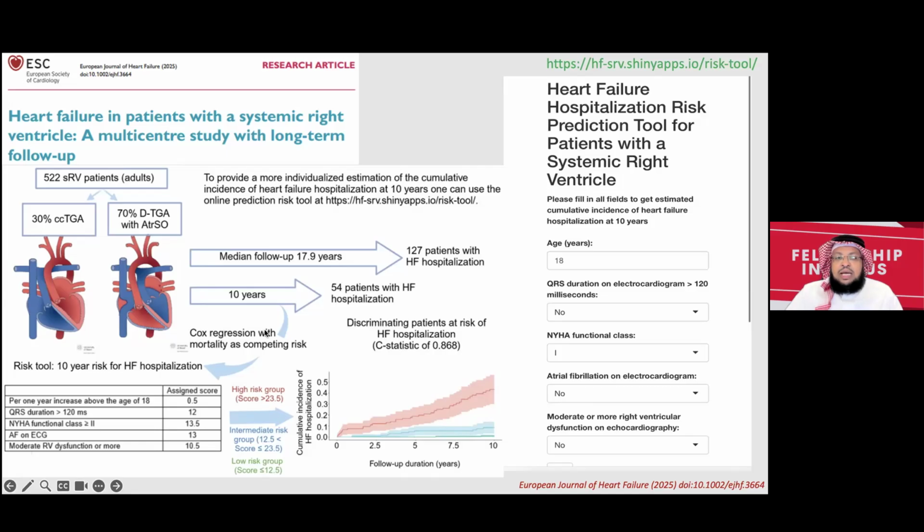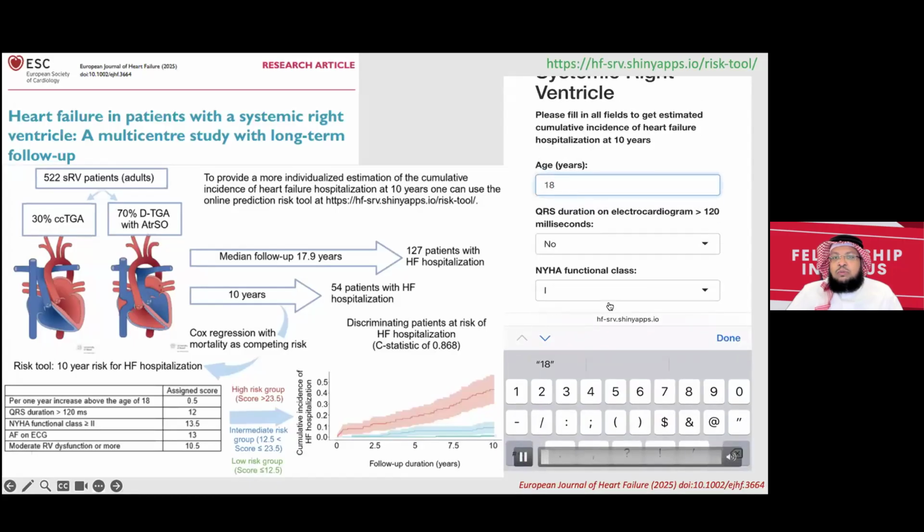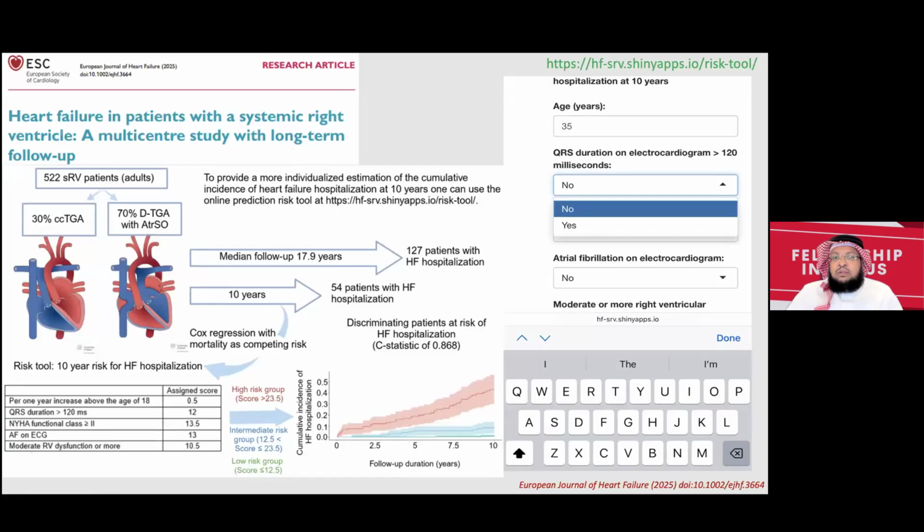And we started to apply this for our patients to identify those at risk of heart failure. They even put up a website for this; just put it in your mobile and check these predictors.